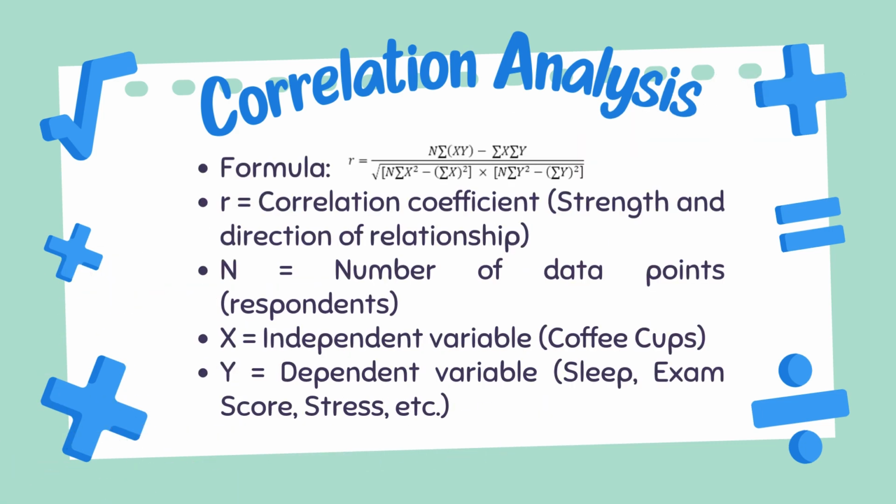And for the correlation analysis formula, we will be using the formula flashed on the screen, where R is the correlation coefficient, the strength and direction of the relationship, and n is the number of data points or respondents.